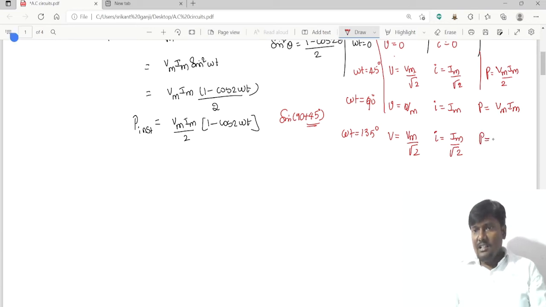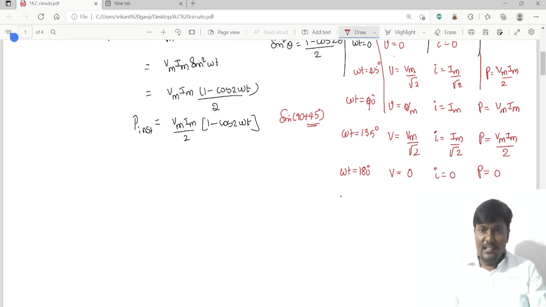And the instantaneous power is Vm into Im divided by 2. At omega t equal to 180 degrees, V is 0 and I is also 0, and the instantaneous power is 0 because sin 180 is 0. At omega t equal to 270 degrees, V is equal to minus V maximum, I is equal to minus I maximum.